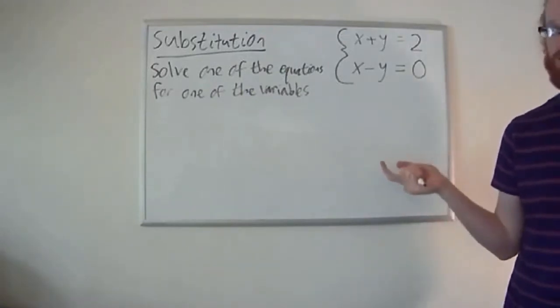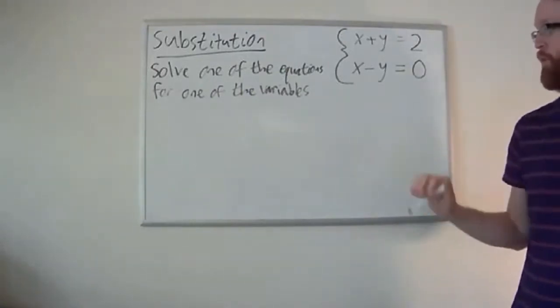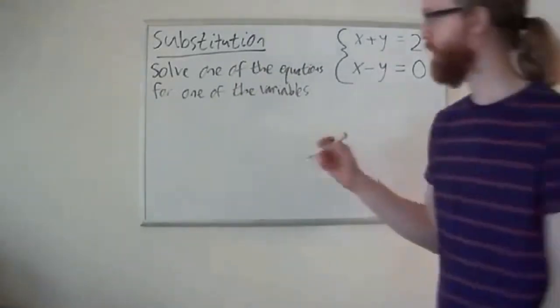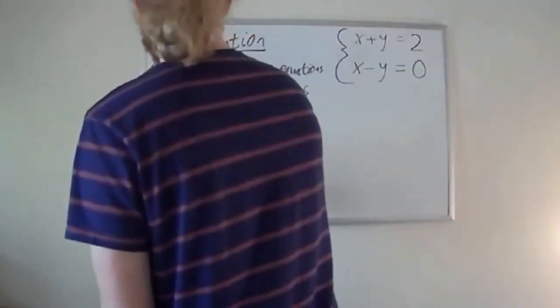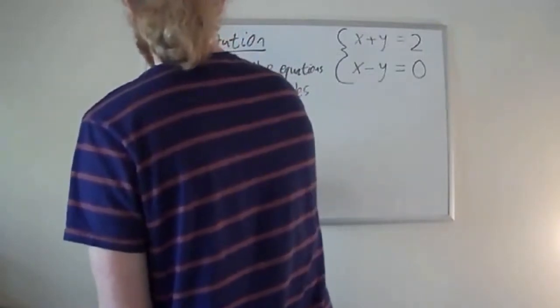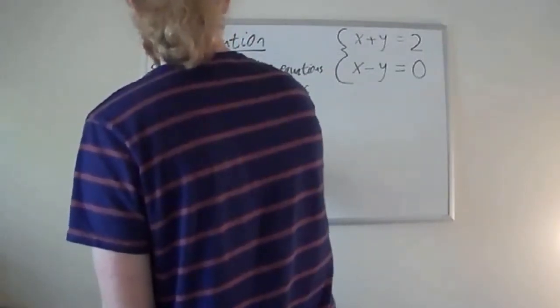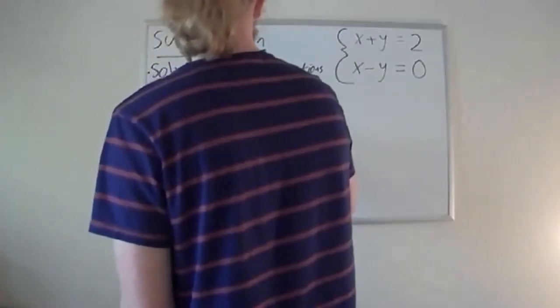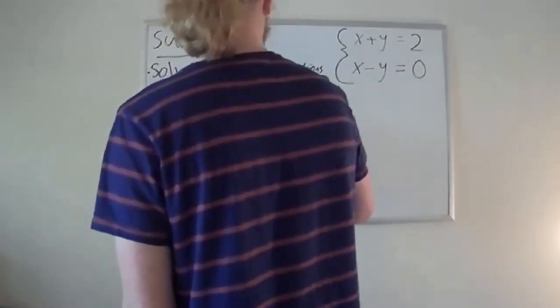You're free to choose. But we're going to solve one of the equations for one of the variables. And then, and I'll illustrate this with an example, we're going to substitute this into the other equation and solve.